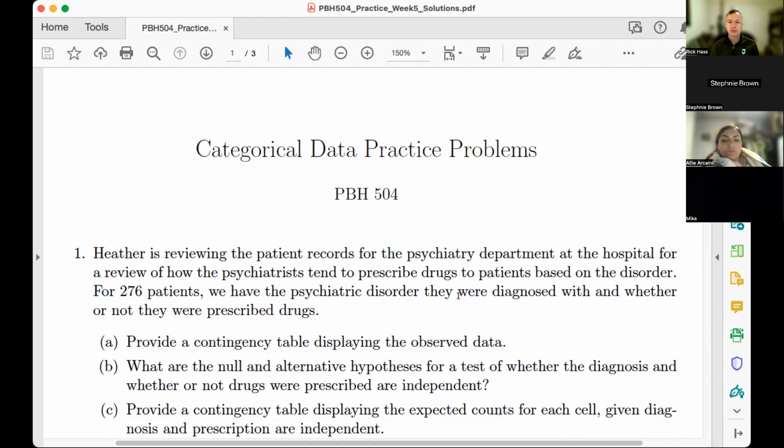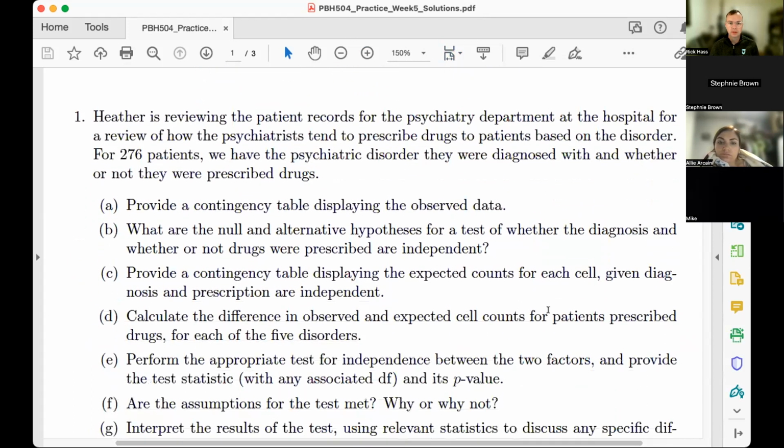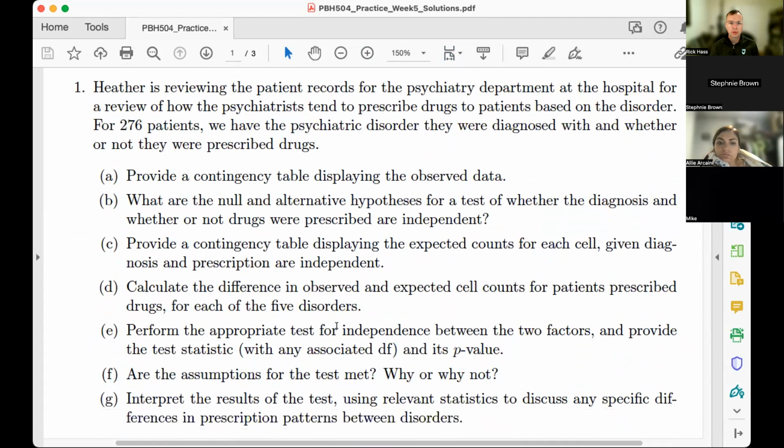We have the psychiatric disorder they were diagnosed with and whether or not they were prescribed drugs. So basically we'll go through all of these things, with the exception of the null and alternative hypotheses, which can be and will be computed using SPSS, including the contingency table.